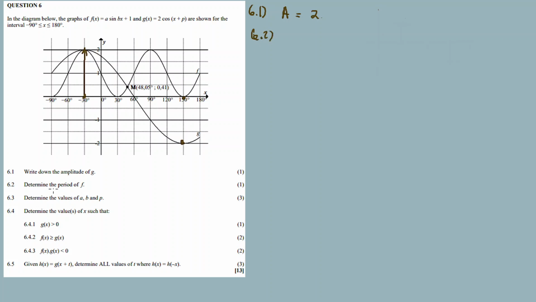6.2, determine the period of f. Determine the period of f. What is a period? A period is the number of degrees it takes for the function to complete one wave. Back again to our sine function. Yes, it's the number of degrees it takes for the function to complete one wave. This is one complete wave.